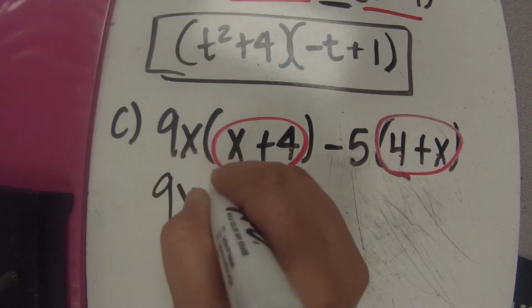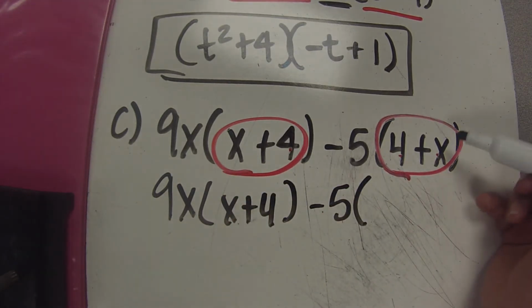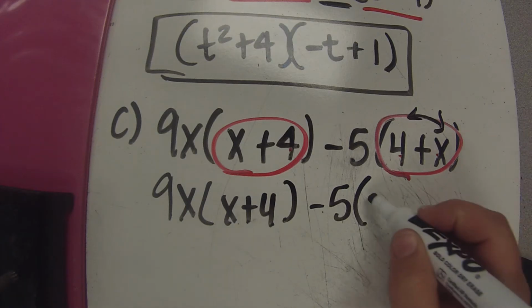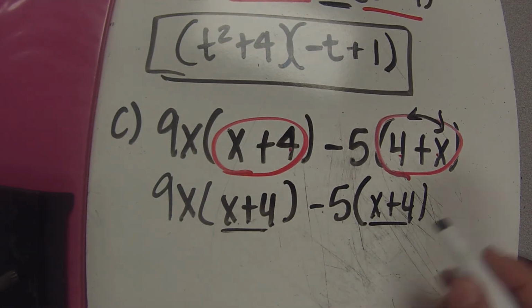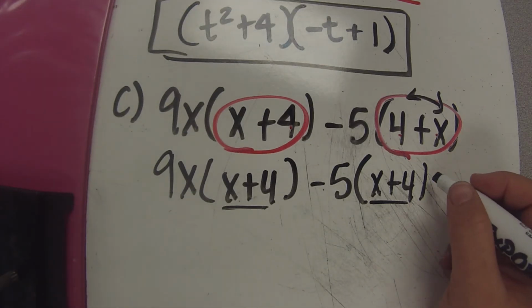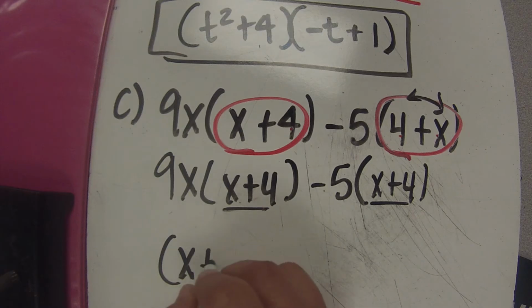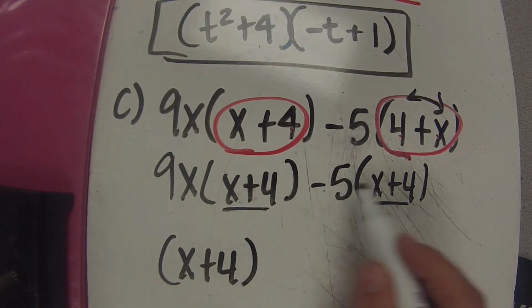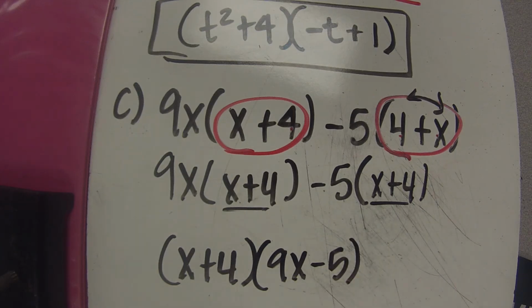This is the same thing as saying 9x(x plus 4) minus 5 times, and all we have to do is rearrange these, (x plus 4). Now they're going to look identical. You don't have to do this step. Some of you are going to pick up on this automatically. But when we pull that out in front, you can see that both those terms are the same. We're left with 9x minus 5.